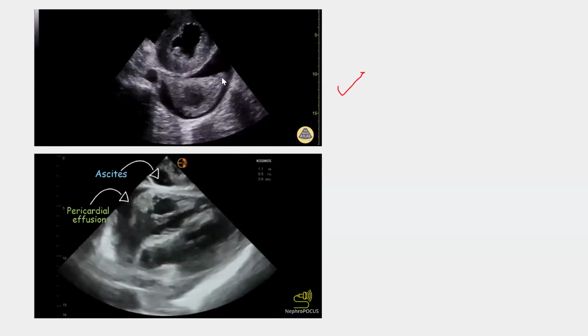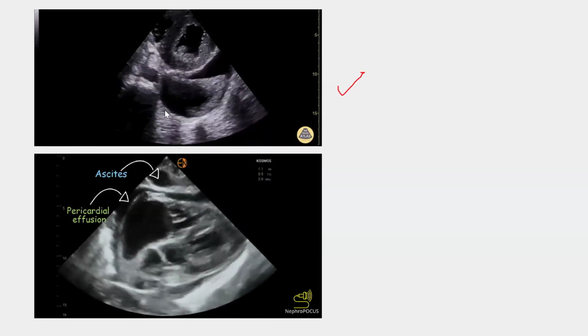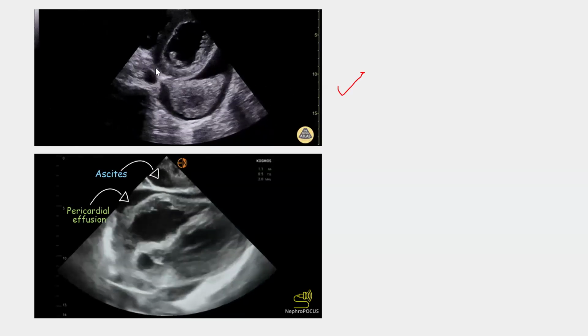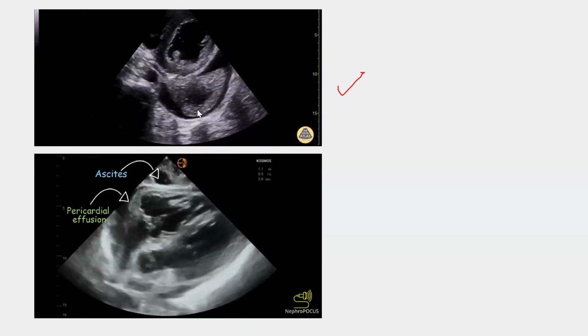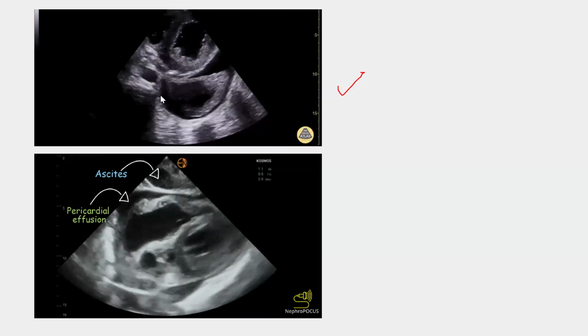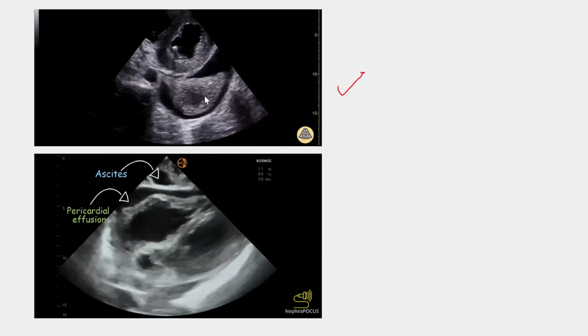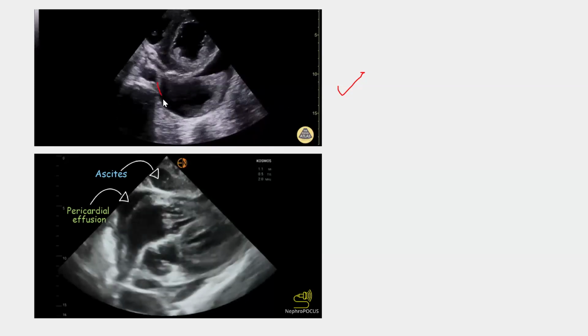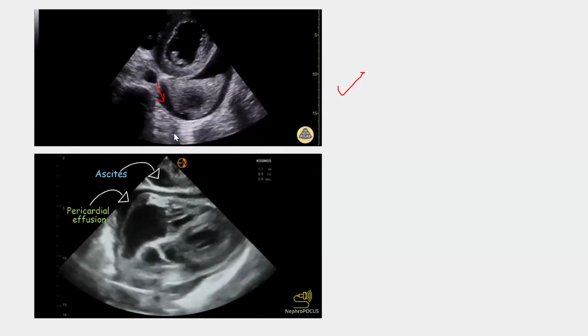A pleural, exactly. This is all pleural effusion, and maybe the pericardial effusion is just a small rim. But all of this is pleural effusion, and this is the lung tissue. Again, if you look at the descending aorta here, this is away from it.